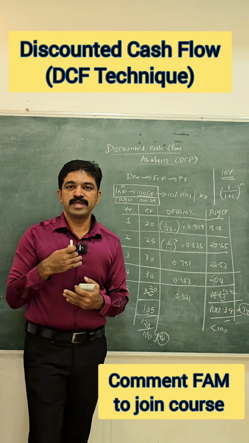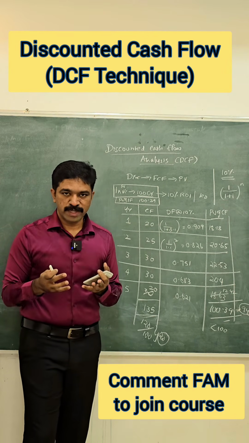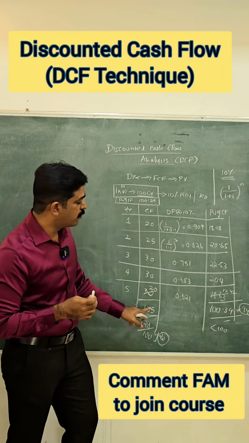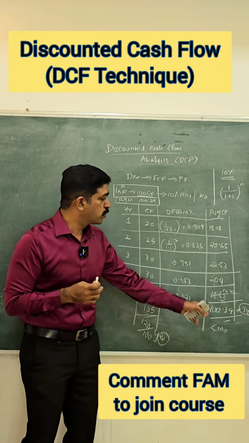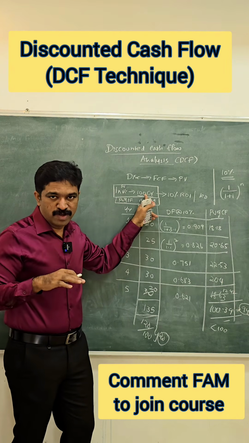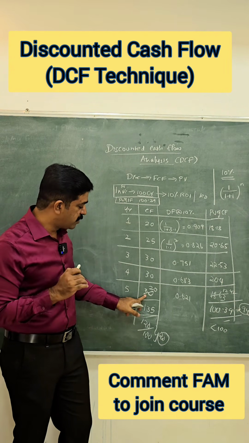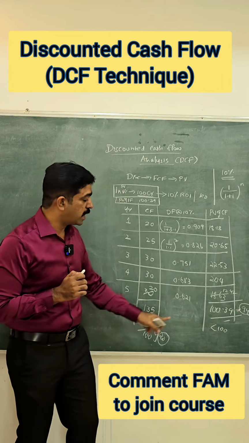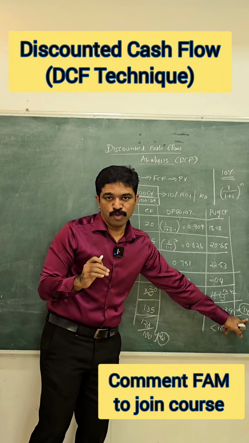And when we compared with the invested amount, we were able to take a decision. In situation 1, we were indifferent because this 135 crore translated to 100 crore, which matched our investment of 100 crore. But in situation 2, where the figure got changed to 20 crore from 30, this 120 crore actually got translated to 94.18 crore.